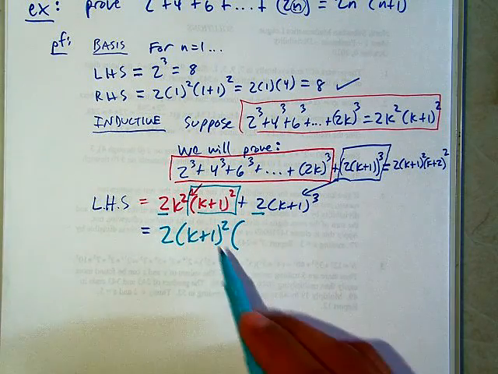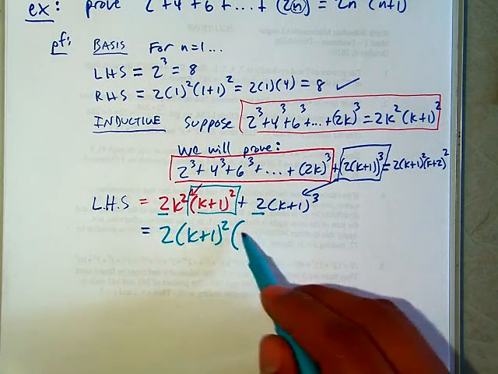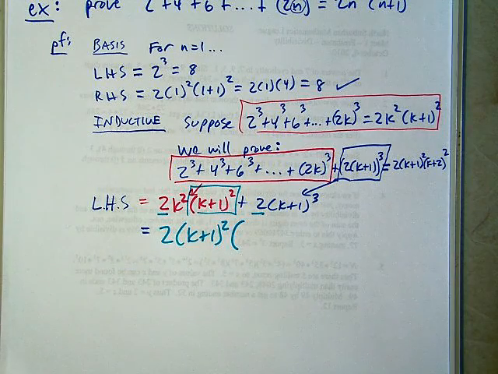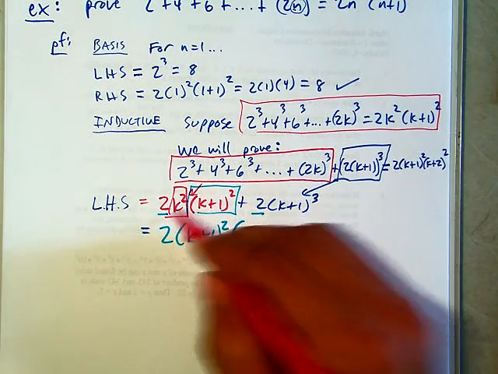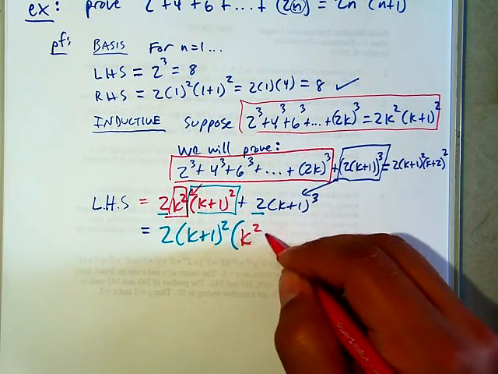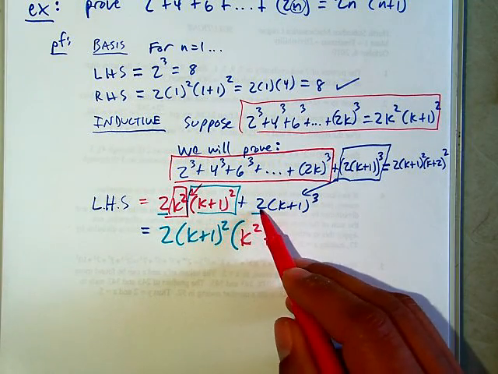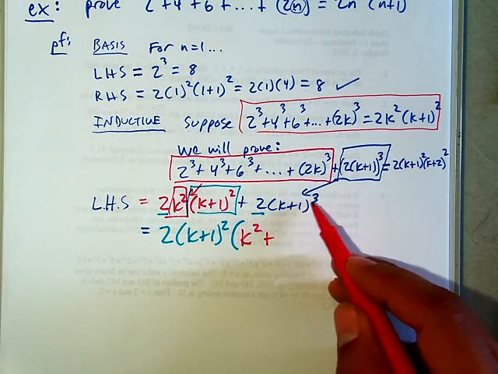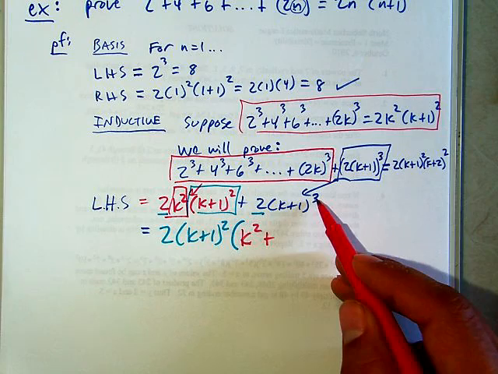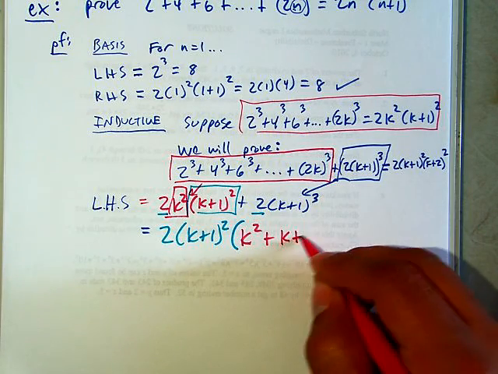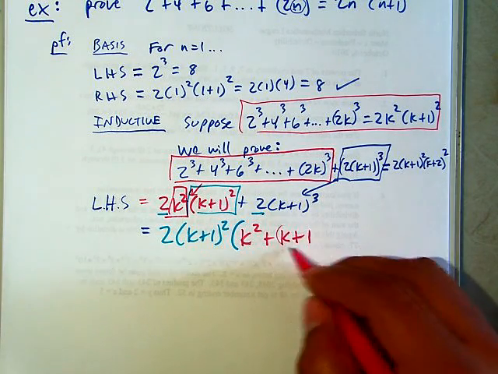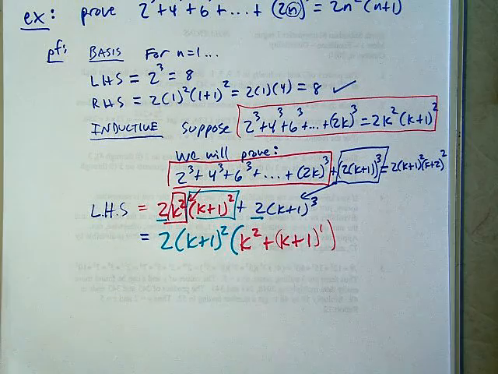And now what's left? This k squared is left, so that gets written down. Plus, here I took out the 2, and I took out 2 out of 3 of these, so that leaves us with just k plus 1. Technically, it's to the first power, but it's still there. Just so that's clear.